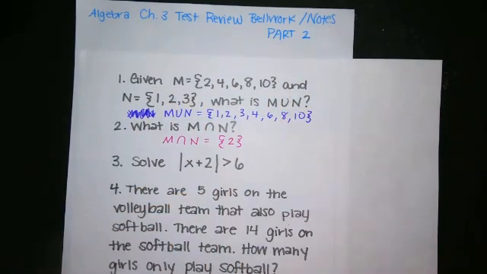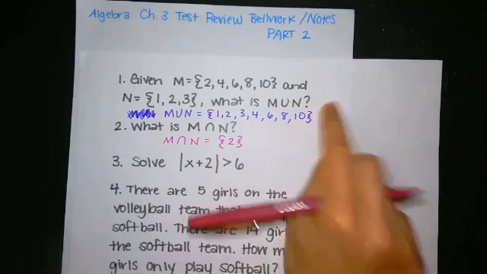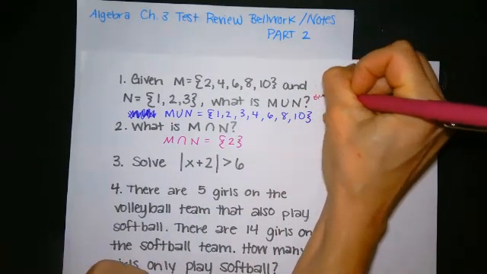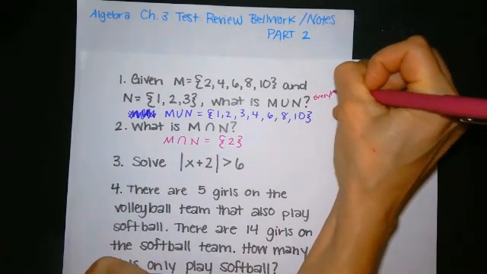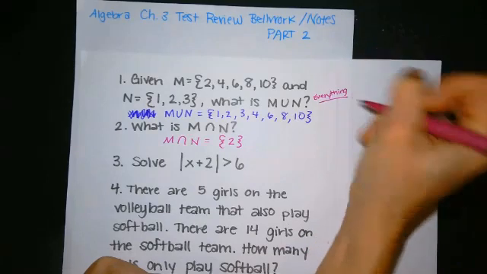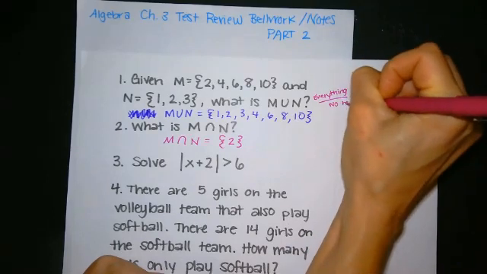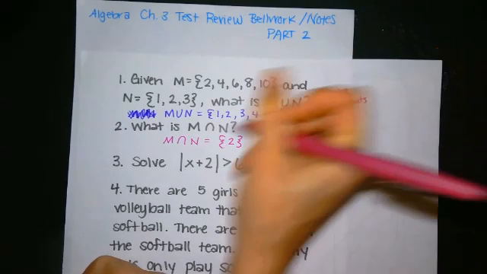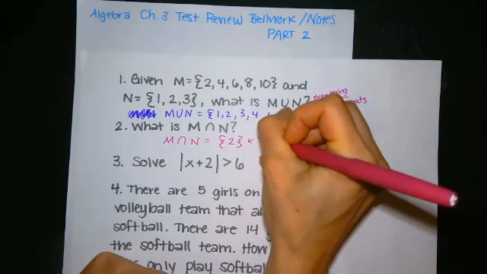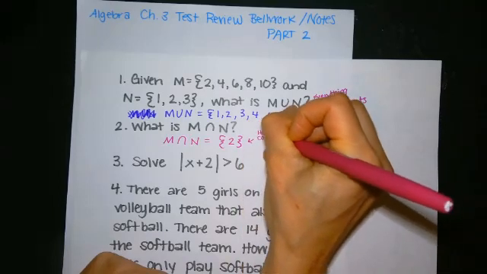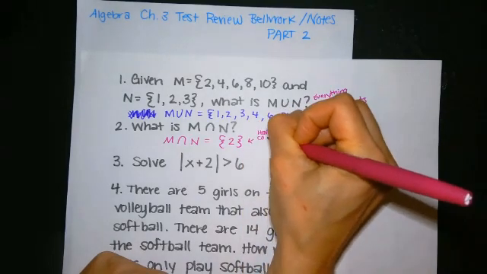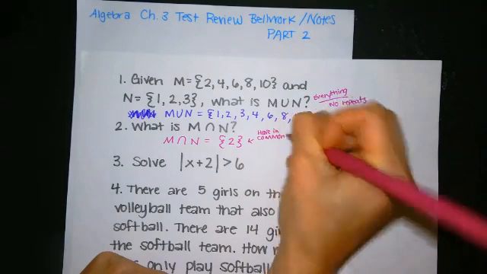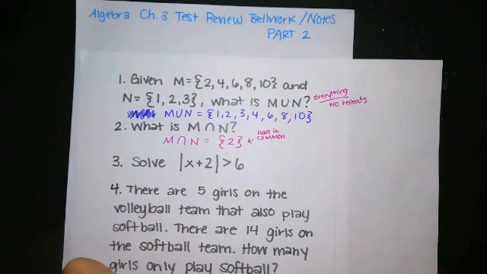That would be M intersect N. Okay, so union is everything that they both have without writing repeats. Intersect, what do they have in common? Only what they have in common. And if they have nothing in common, you would put the empty set or the null set.